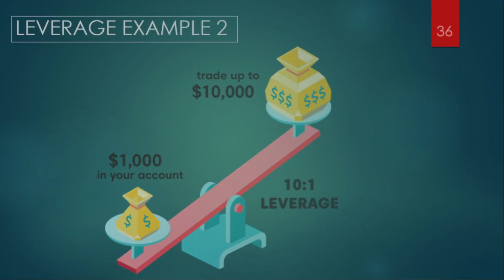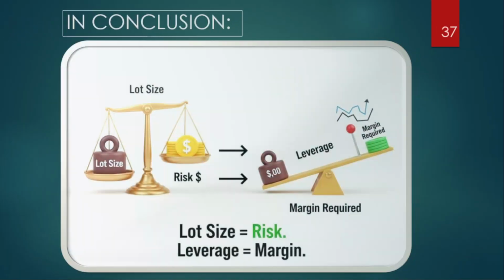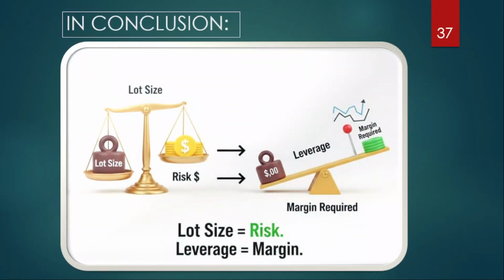So, in conclusion, this is what is happening. The lot size that you are using is equal to the risk that you are taking when you are making any buy or sell.